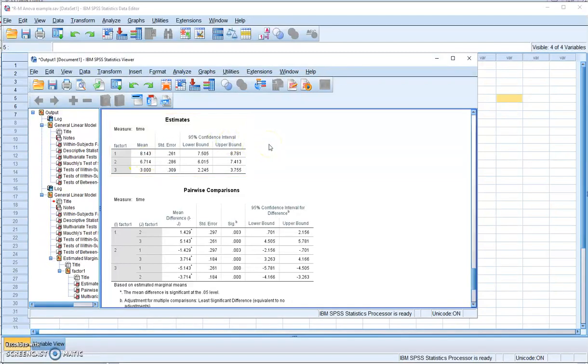So to answer the research question, yes, this new anti-anxiety medication is effective in reducing the patient's symptoms.